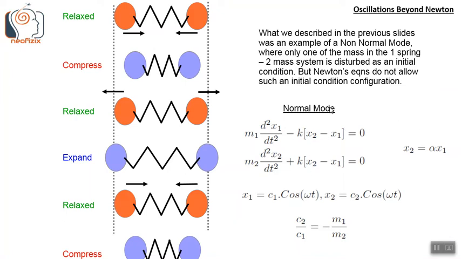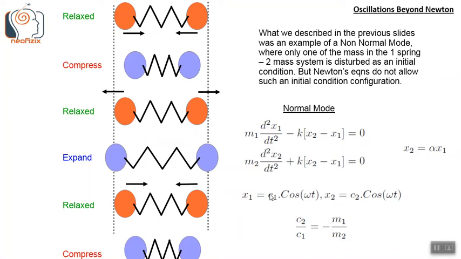So we get the normal modes as a solution to the force balance equations. This is the force balance equation for M1 and this is for M2. We could assume x2 equals alpha x1 for simplicity, same as in the energy case. Or we could solve in a different way and still get these two sinusoidal solutions in a longer way.